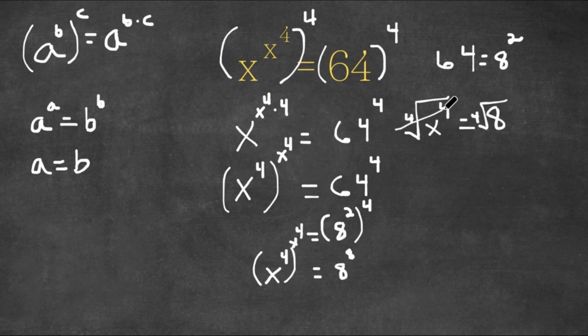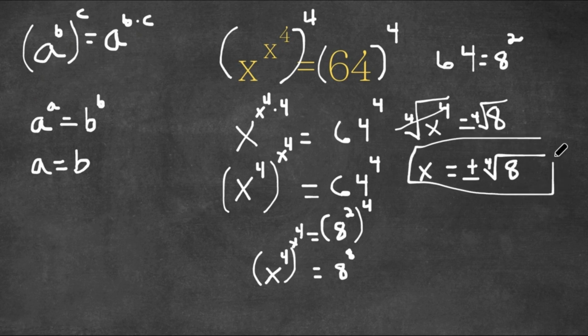Now these two would cancel out, so on our left side we would have x, and on our right side we would have equals positive or negative, remember it's plus or minus, the fourth root of 8. And this is our answer.